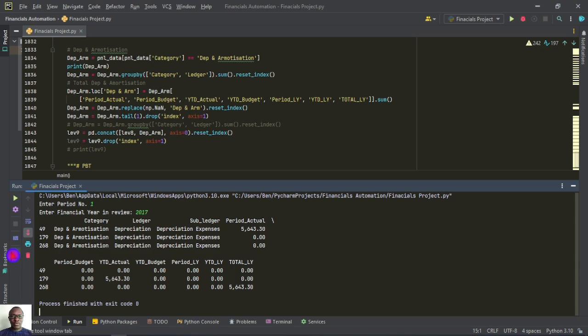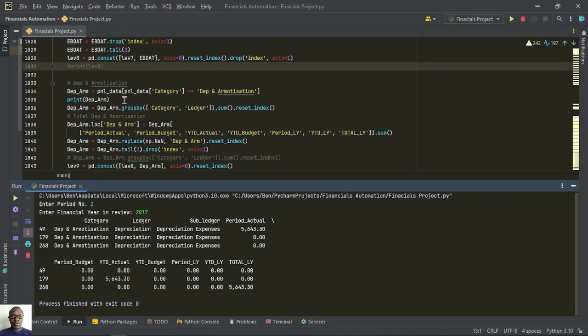So this is what we have as depreciation and amortization for all the columns. So we have a category, we have ledger, we have sub-ledger as well, and then we have these other numerical columns. So you can see within the YTD actual, we have this 5643 as the actual figure, and the budget we have zeros, but YTD total for last year, we have this value here.